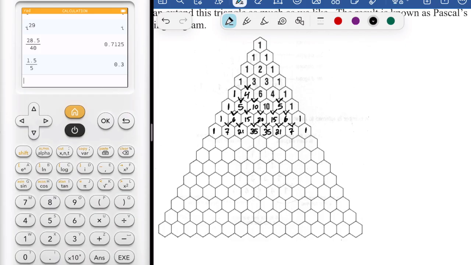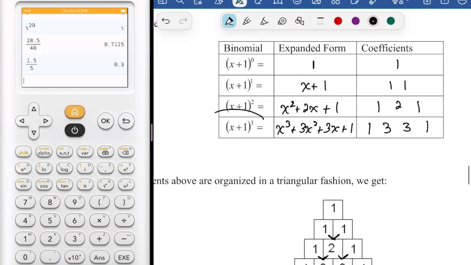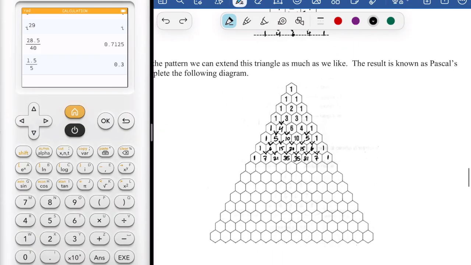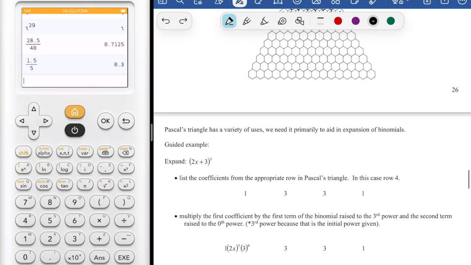You also get the idea that if I needed to raise x plus 1 to the 15th power using Pascal's triangle, I'd have to complete a very, very large triangle in order to get those coefficients. So if you have it in your mind that there has to be an easier way, we'll call it easier, but we'll say a different way, then that's a good thought, right? Because we'll get there, but for now, we'll continue with Pascal's triangle.